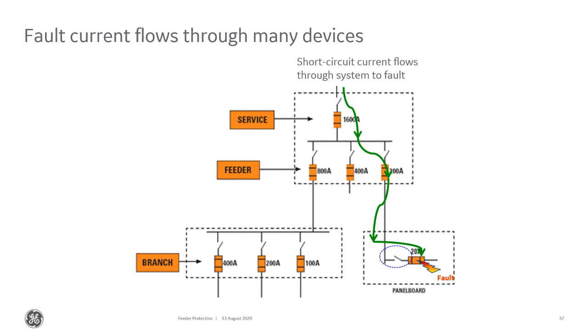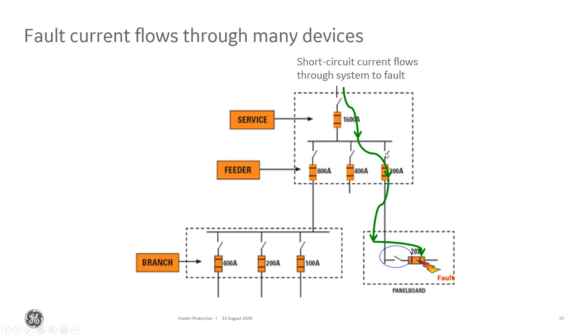As I mentioned, current flows through many devices, so sizing and coordination of those devices is very critical: sizing your fuses, sizing your breakers. The fuse at the bottom of the panel board feeds some sort of load there, and it's a 200 amp fuse.